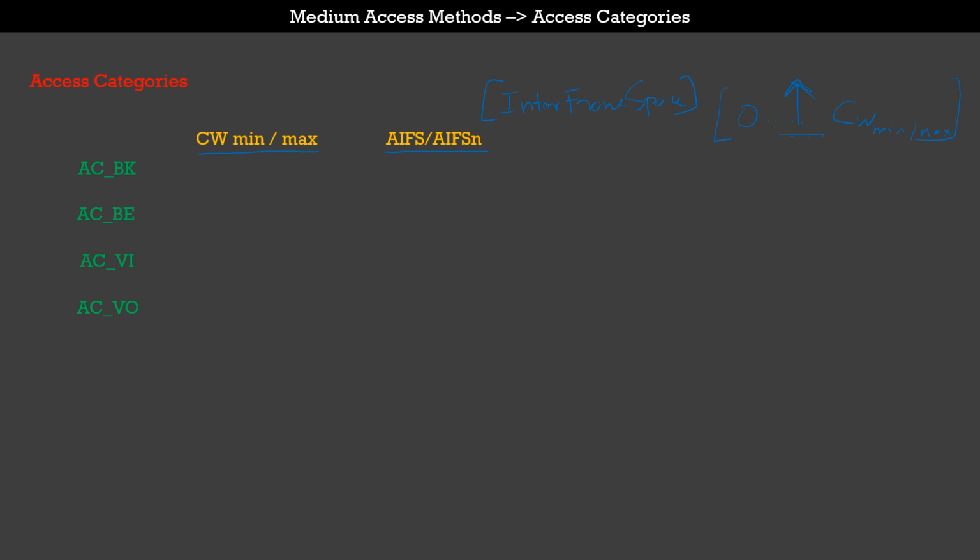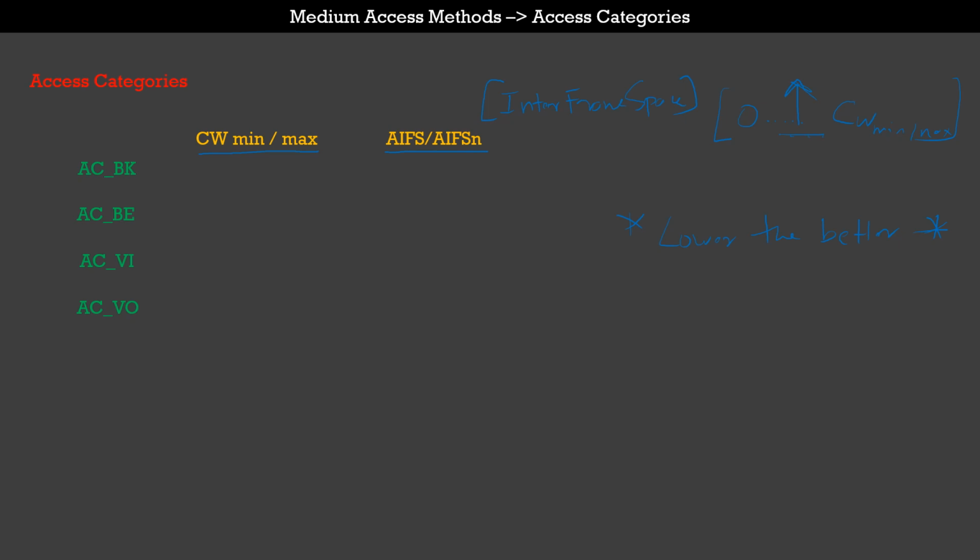Every frame, depending on the access category, is assigned a different AIFS number. Naturally, higher priority access categories have lower AIFS numbers, and lower priority access categories have higher AIFS numbers, so that high priority traffic can get access to the medium more frequently than lower priority traffic.